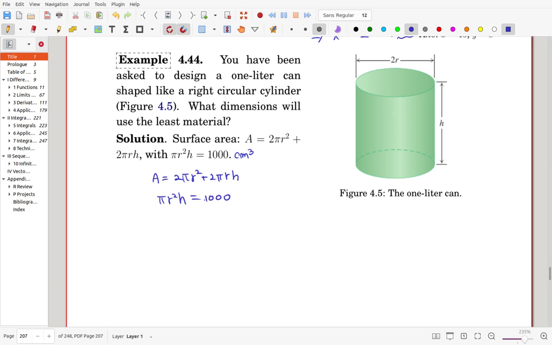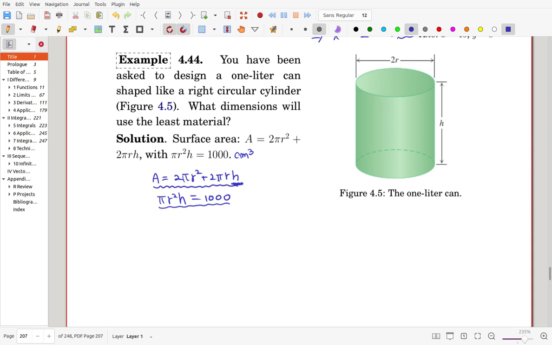From this we have to express the area as a function of one variable. But right now R and H are involved, so we have to replace H by a function of R, so from this equation we can express it.